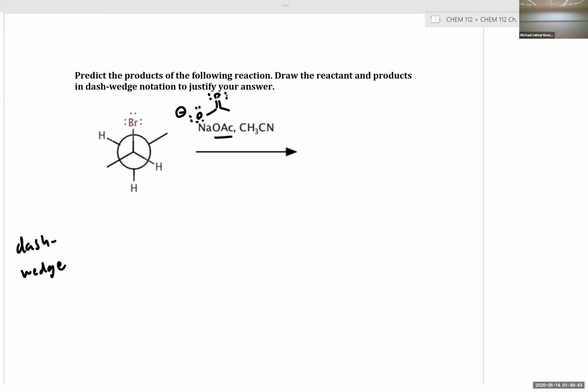Predicting the products from a reaction with the correct stereochemistry is a critical type of question and a critical skill that you'll need to develop in this chapter. Especially with these Newman projections. We're going to be doing a lot of Newman projection analysis in this chapter.